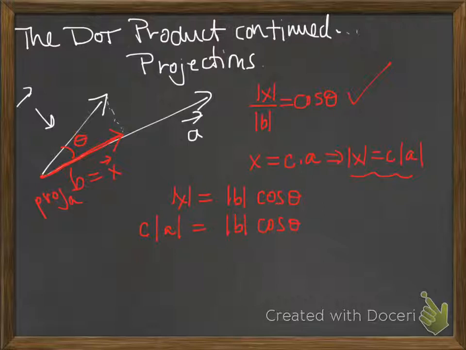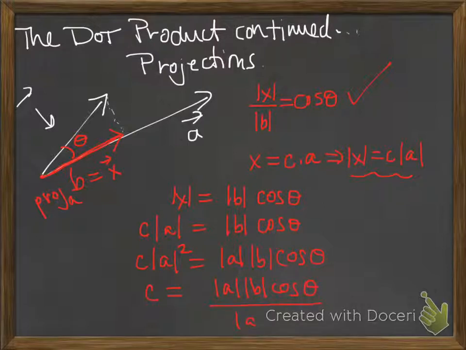But before I do that, I'm going to multiply both sides, and you'll see why in a minute, by the magnitude of A again. So I should have the magnitude of A squared is equal to the magnitude of A times the magnitude of B times cosine of the angle between them. Which means C, my scale factor of A, is equal to the magnitude of A times the magnitude of B times cosine of theta, all divided by the magnitude of A squared.